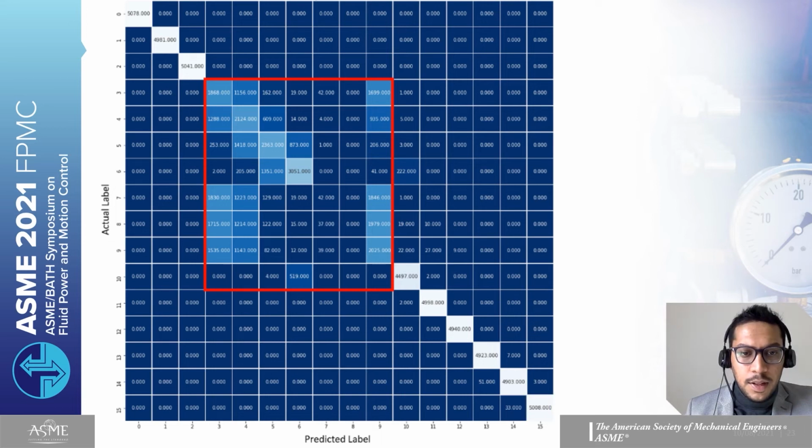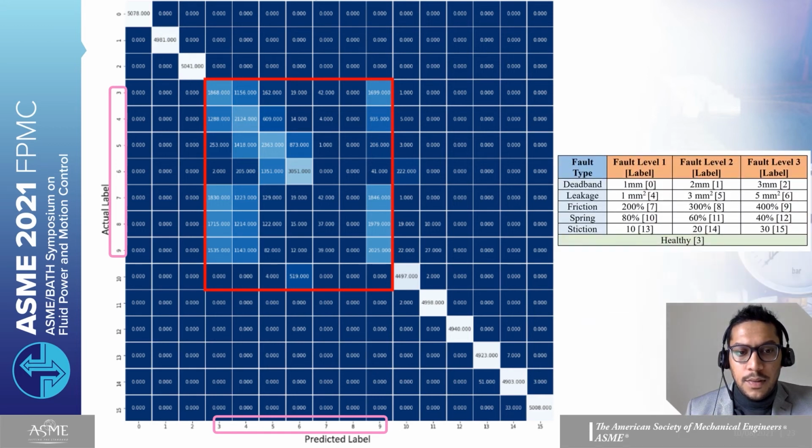The labels that have this issue are from 3 to 9. And taking a look at the table, these are the leakage fault, friction fault, and the healthy fault. So the classifier is basically confused between these three types of faults and misclassifies them.